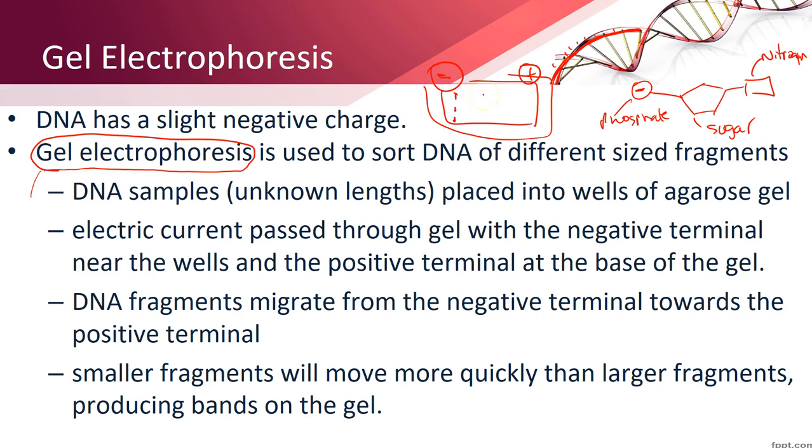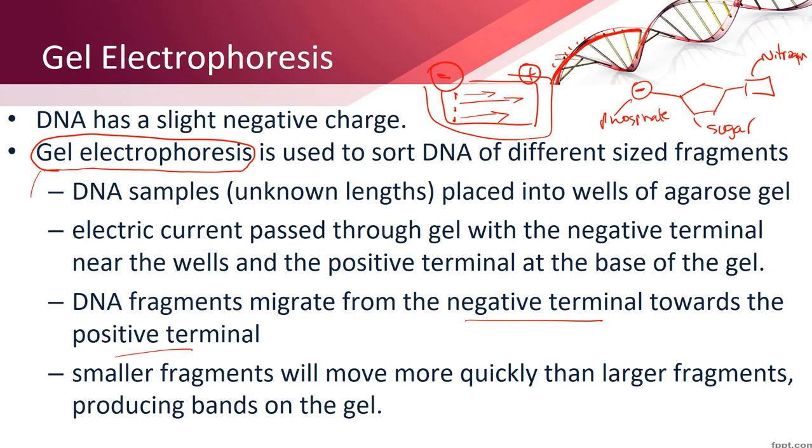Because the DNA pieces are negatively charged, they will be attracted and move towards the positive electrode. Okay, remembering the opposite charges attract. So it will move from the negative terminal to the positive terminal. So DNA will then migrate from the negative towards the positive.